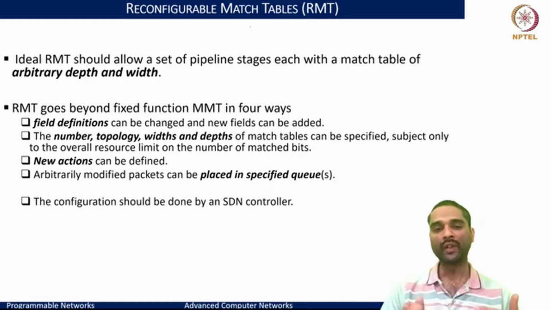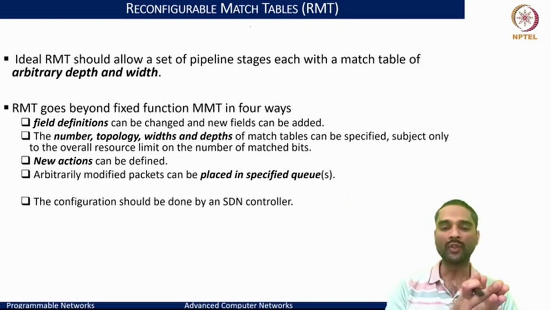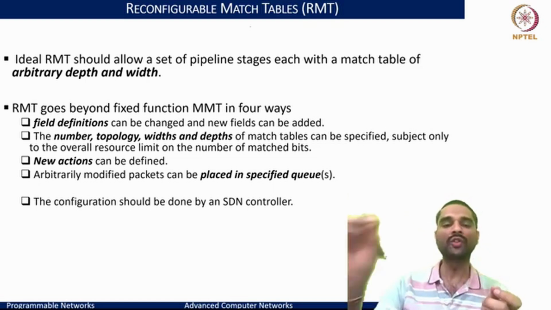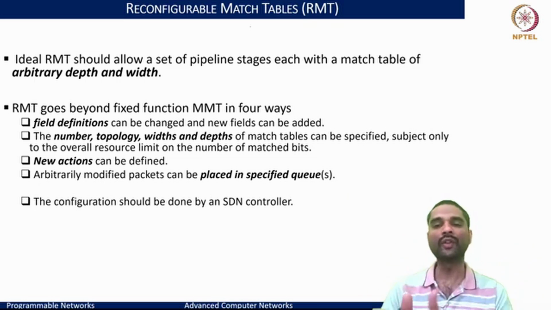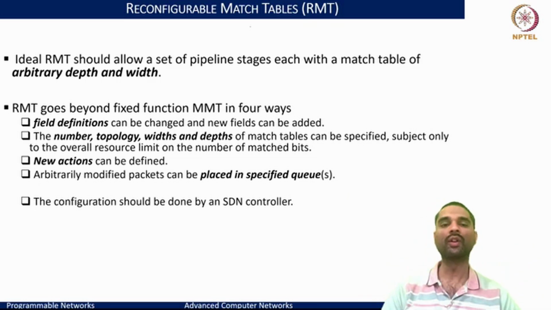Second, the number of tables that we would want to support and the topology, in terms of which stages each table would pick when it tries to process, including each table's width and depth characteristics, could also be controlled and configured rather than confining ourselves to what is given. Having all tables with the same width would not be a good case, because that would lead to a lot of wastage of resources.